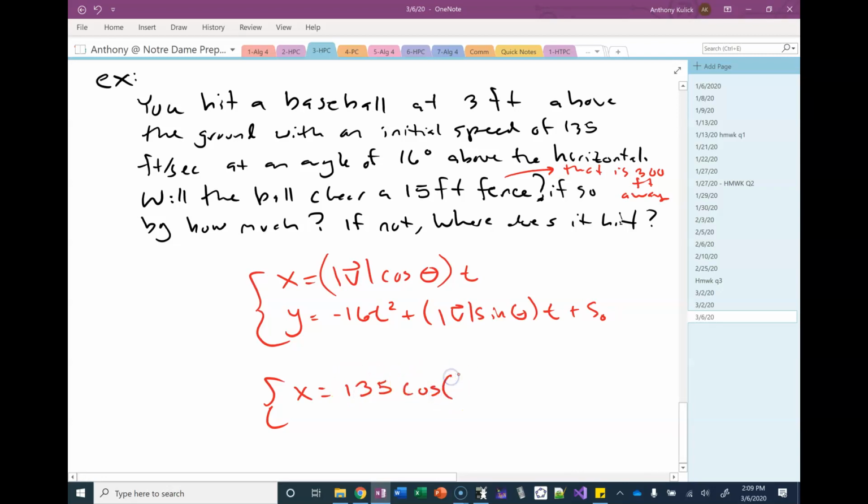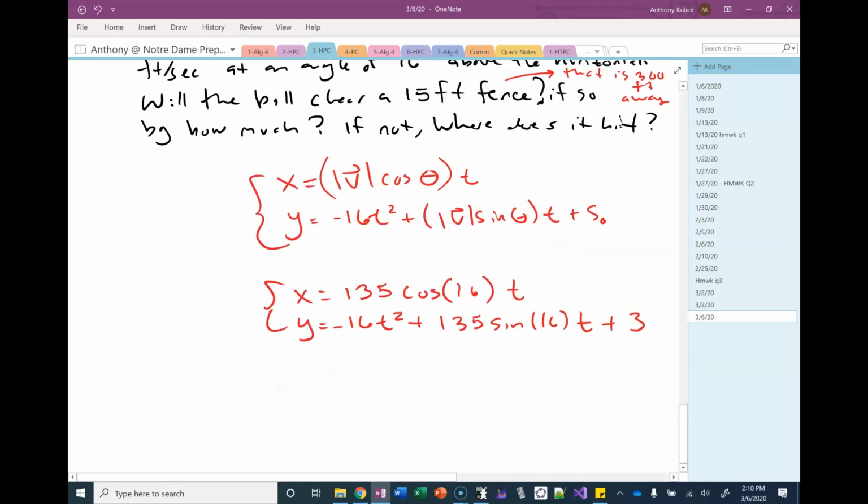And then what's theta? 16. And what is s naught in this case? 3. That's the initial height of the ball. Everybody okay here? So, what is going to be my plan?